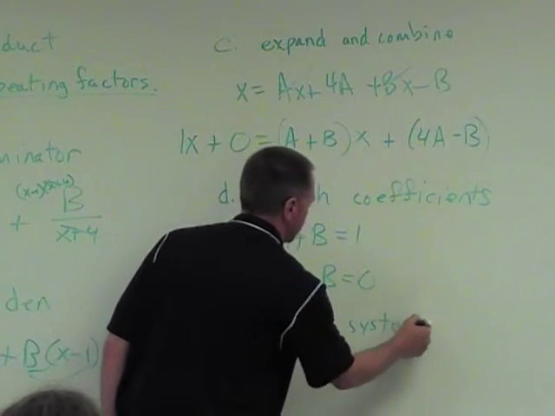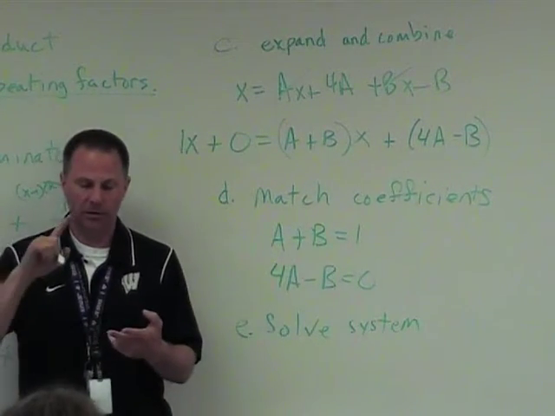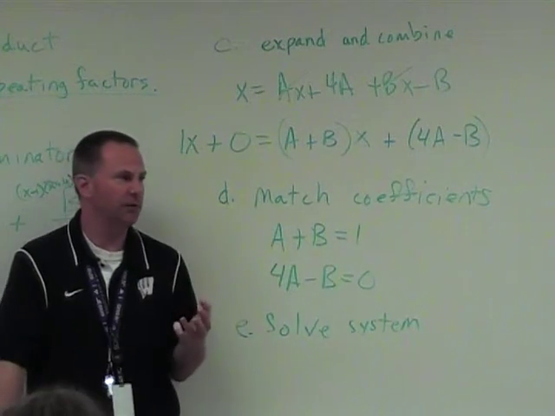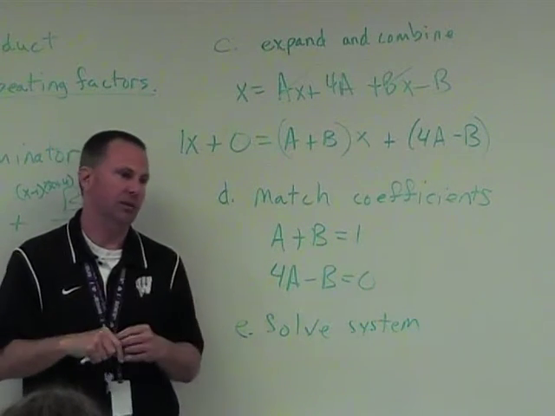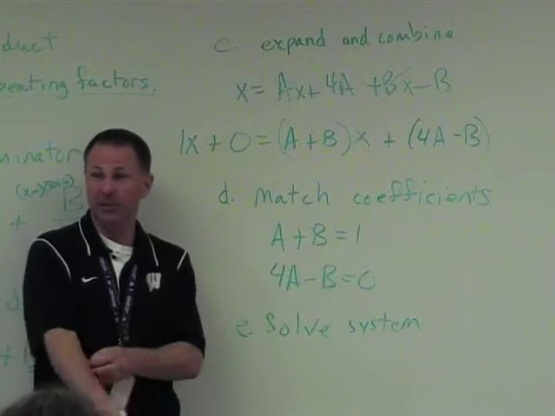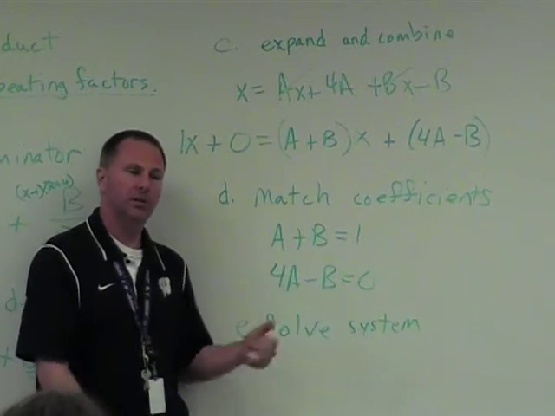We'll do a 3 by 3 next. Solve the system. Substitution, elimination. You can put it in row echelon form. You can do inverses, discriminant. You can graph it if you wanted to. How would you solve this system?